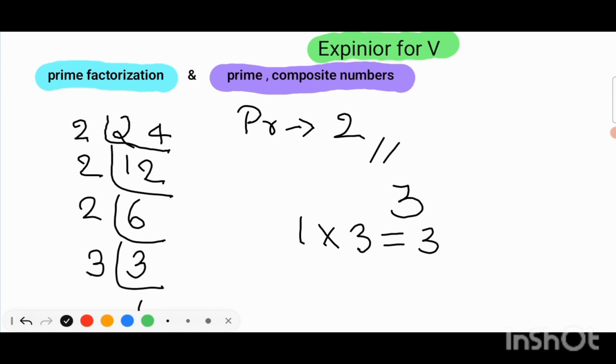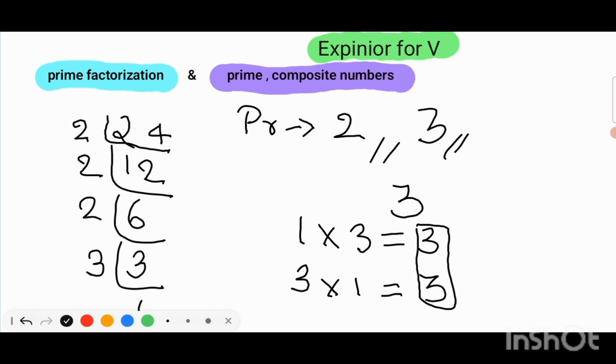So 1 will be a factor of all numbers, and obviously the number itself, 3 ones are 3. So a number is always a multiple of 1 and the number itself. This is common everywhere. So these are marked as prime numbers. I hope you got my point.